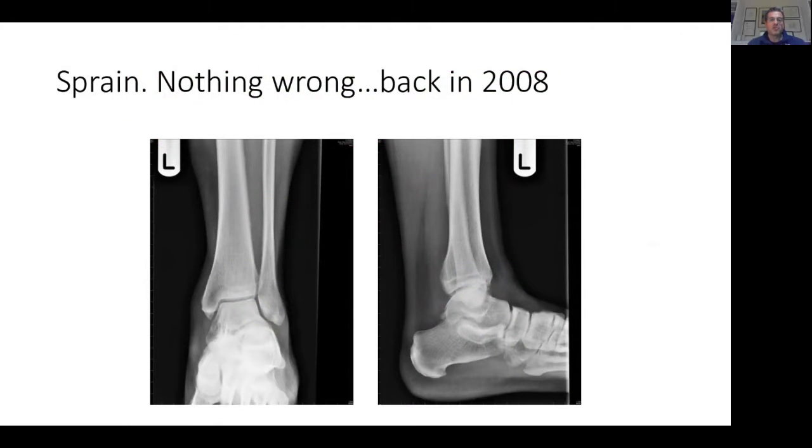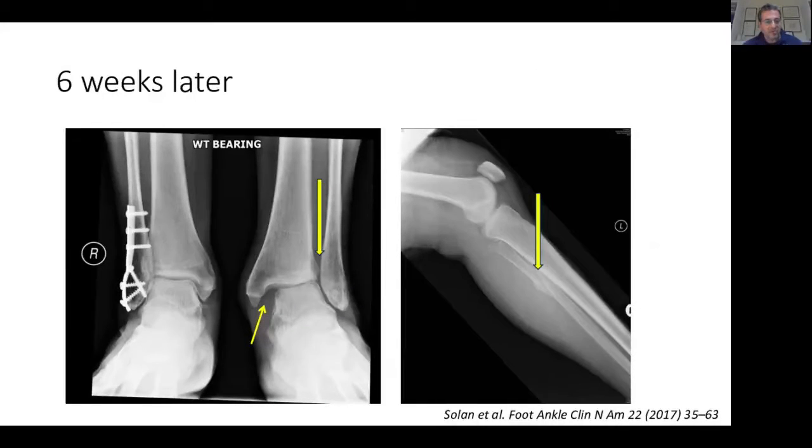That reminds me of a case that presented back in 2008 when I was in Surrey doing my fellowship as a simple ankle sprain. Six weeks later, this patient presented to the fracture clinic, seen by Matt Solan, the foot and ankle surgeon, in this condition.